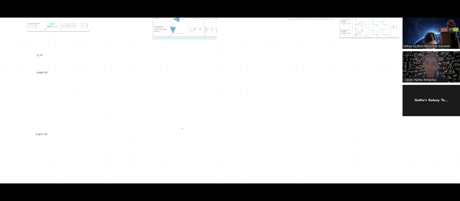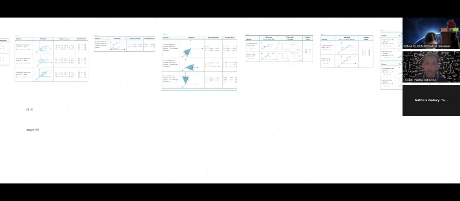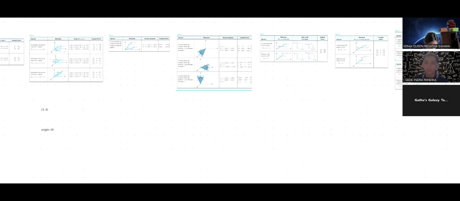Okay. For the first, we can use the standard rotation matrix like this. We use the standard rotation matrix like this.